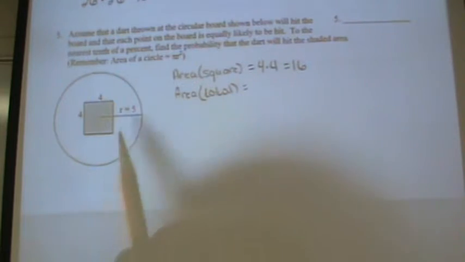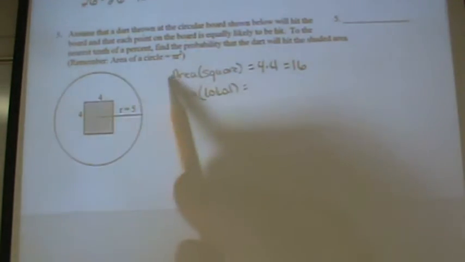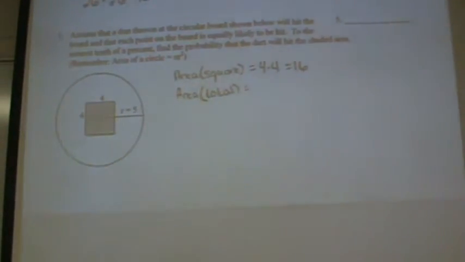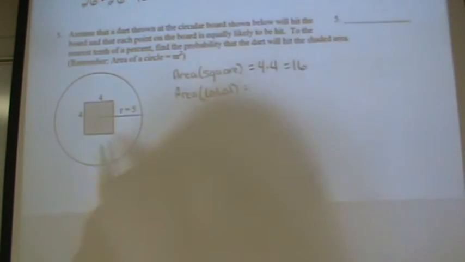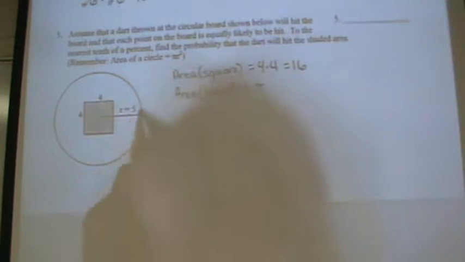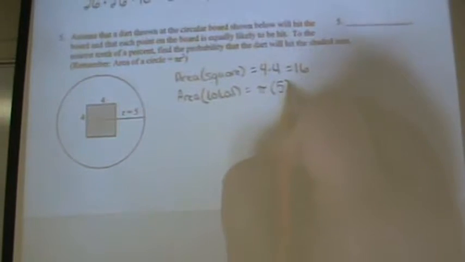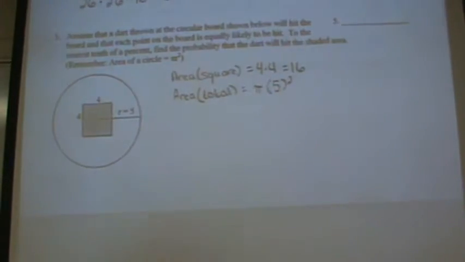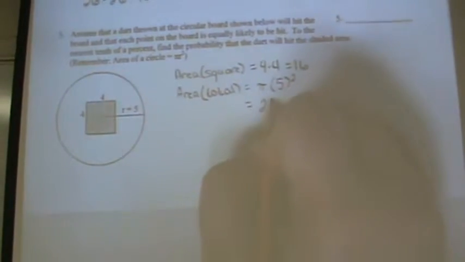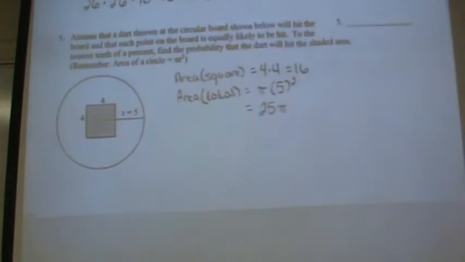And then we need to find the area of the entire board, so our total area, which is the entire circle. And I gave you a hint that the area of a circle is pi r squared. So for the area of this circle, we're going to have pi, and our r is given as 5. So we're going to have pi times 5 squared. So this equals 25 pi.